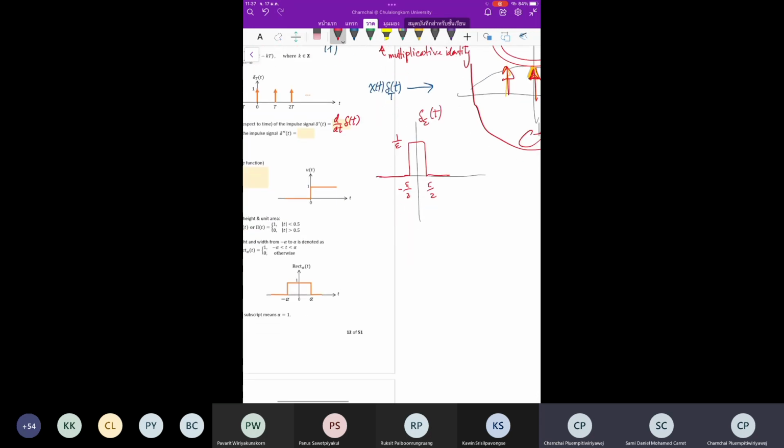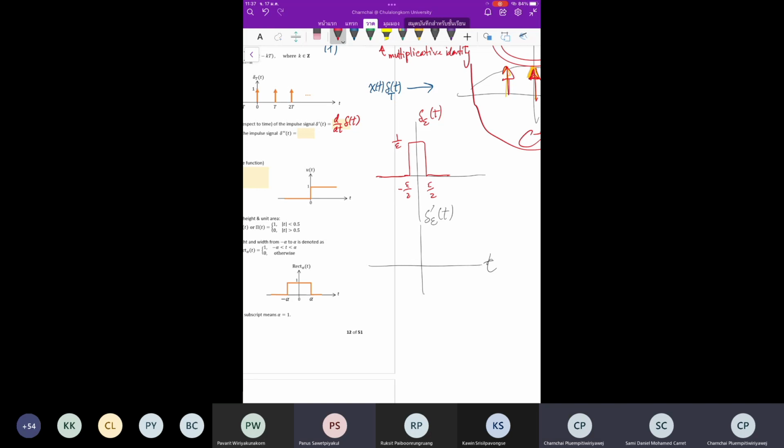If I want to find the derivative of this function, regularized delta t, what does it look like? What would it look like? You know how to take the derivative?